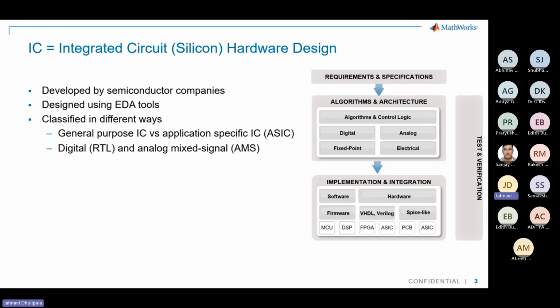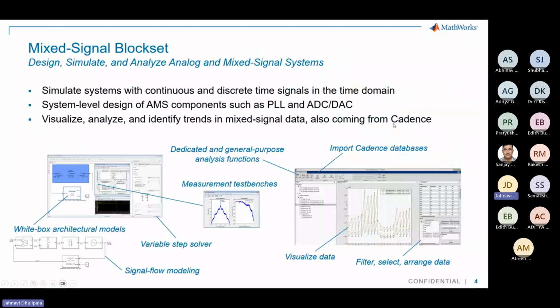Here we would be mainly focusing on what we call the system level modeling or the behavior level modeling. In this, we design, simulate, and analyze the analog and mixed signal systems, both time continuous as well as discrete signals in the time domain.